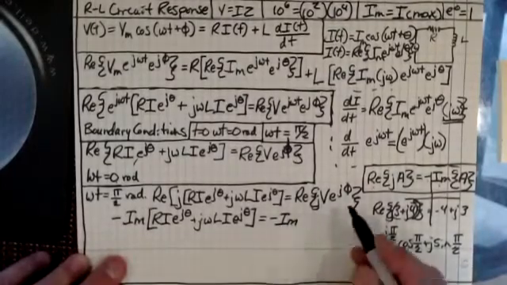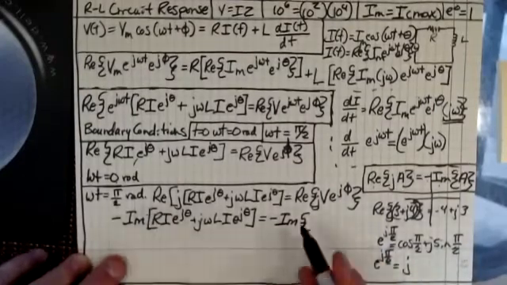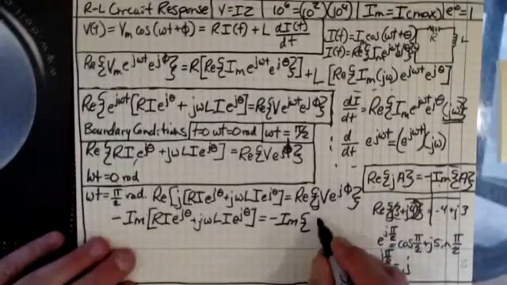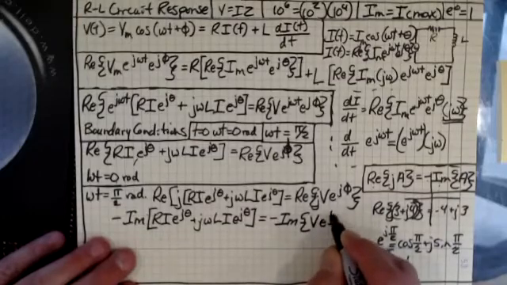On the other side, I'm doing the same thing, and that is just going to be minus the imaginary part of V e to the j phi.